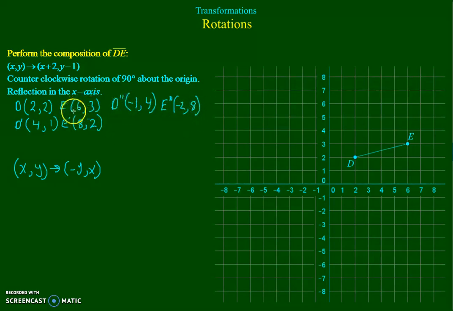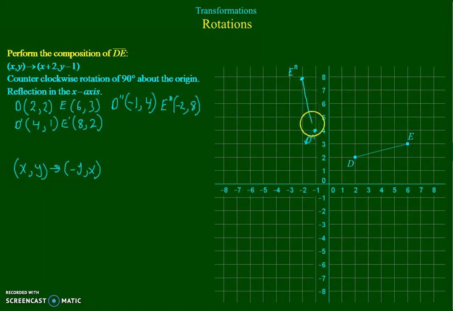So this is our pre-image, this is our image. Now I can just go ahead and write it. (-1, 4) and (-2, 8). And this is D double prime, and this is E double prime.